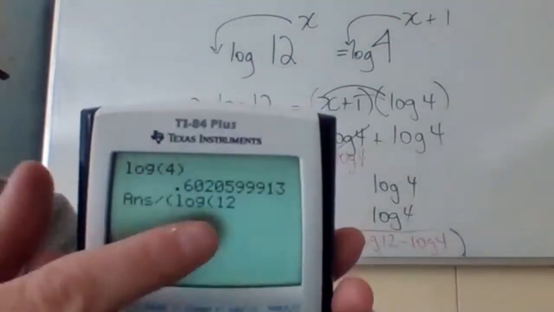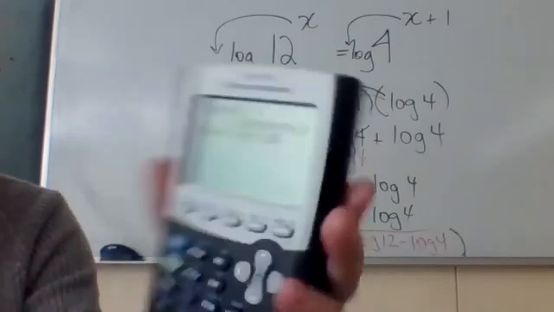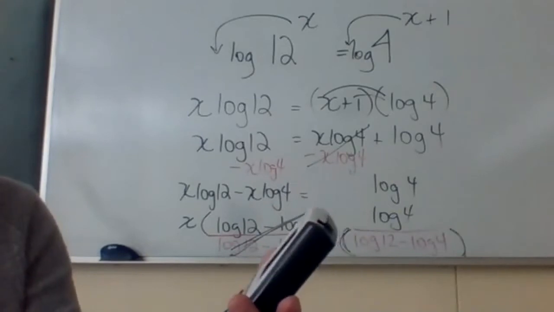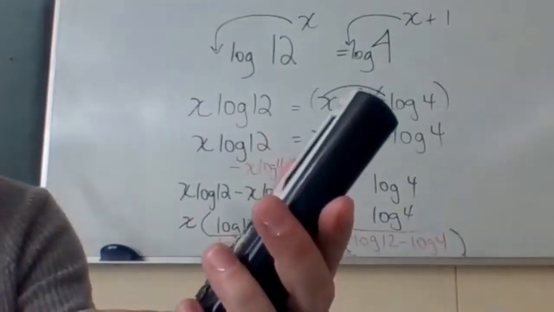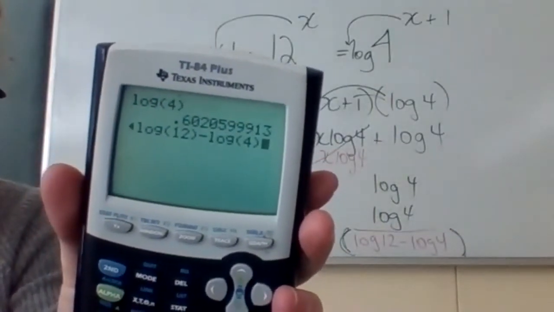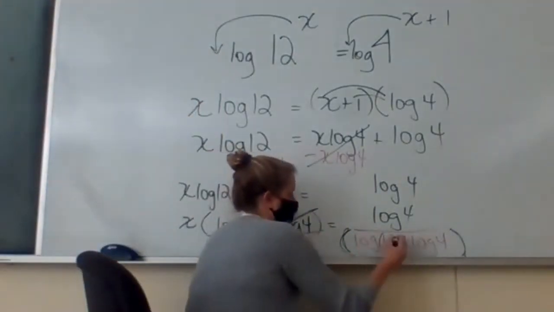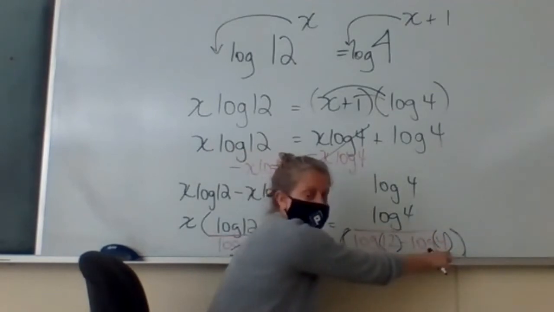Now, remember, when you have a log, it's going to automatically give you an open parenthesis there. Make sure you close it after your 12. Minus, again, log, it's going to automatically give you that open parenthesis. You'll put your 4 there. So I'm going to close this. Now, remember, I've closed the parenthesis here.